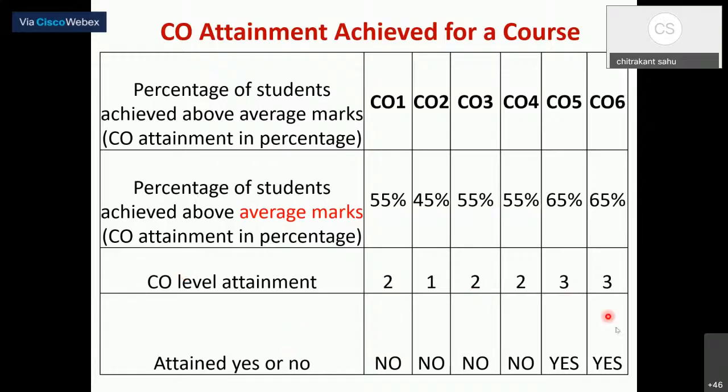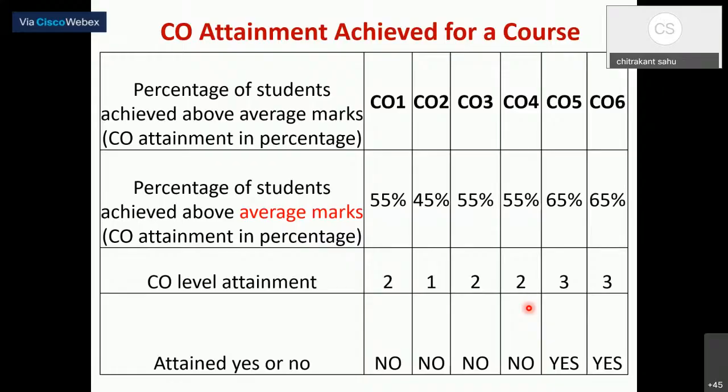Then I set whether it is attained or not. I set the target as 3. If I get a 3 in, let's say, the semester examination, then I can say it is attained. Otherwise, I will consider it not attained. Then I need to make some changes in my lecture plan for the next semester: why students are not able to achieve the attainment, why the average marks are going low, or why the student performance is weak.